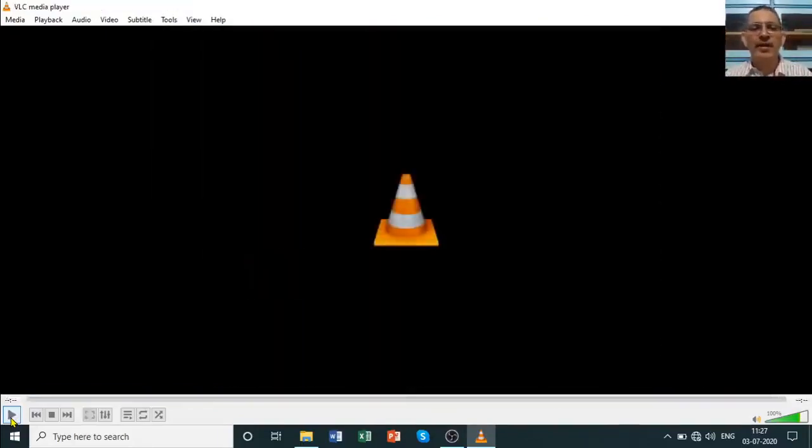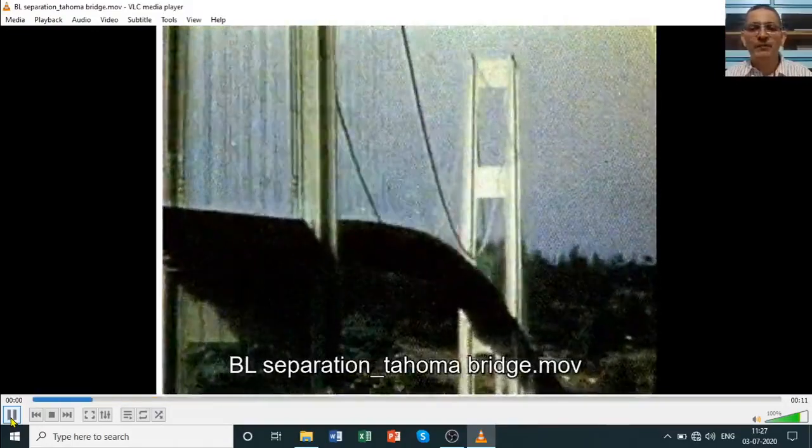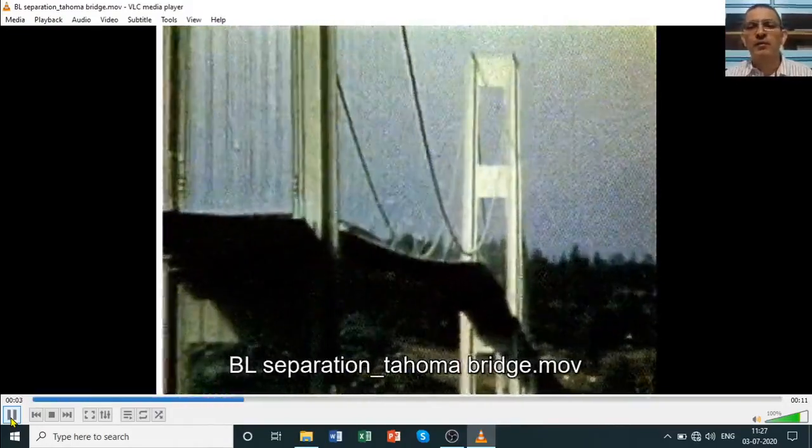Those unsteady structures lead to forces on the bridge, and you see how violently this whole concrete bridge is vibrating like a rubber band, and finally it led to the collapse of that bridge.